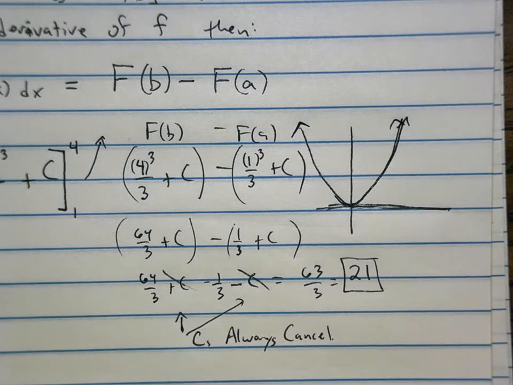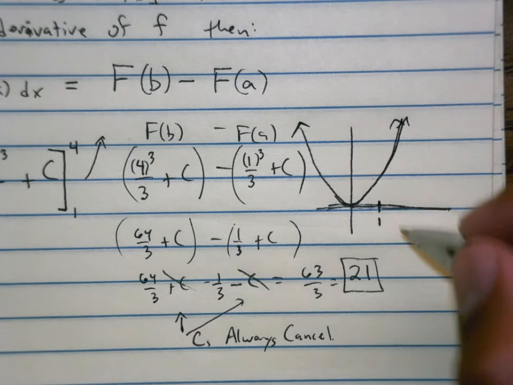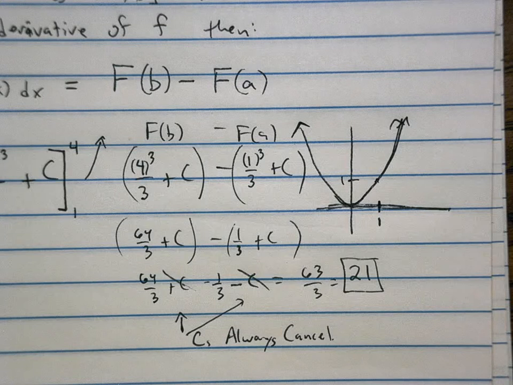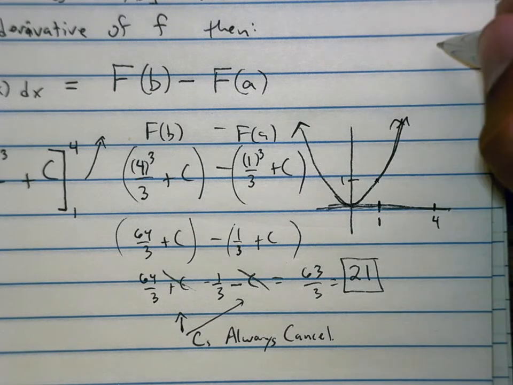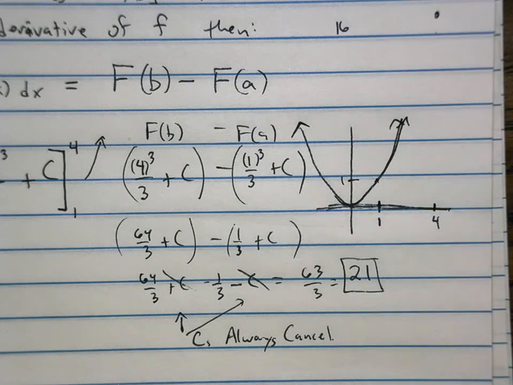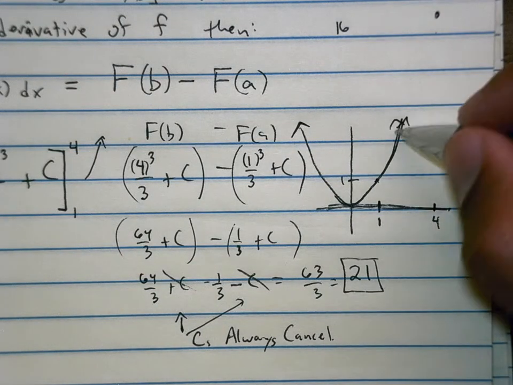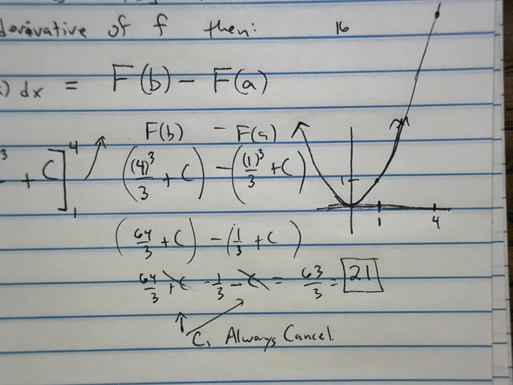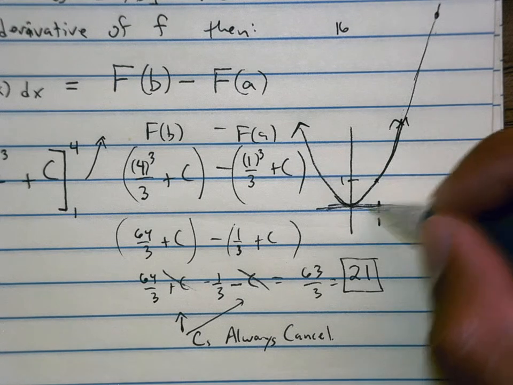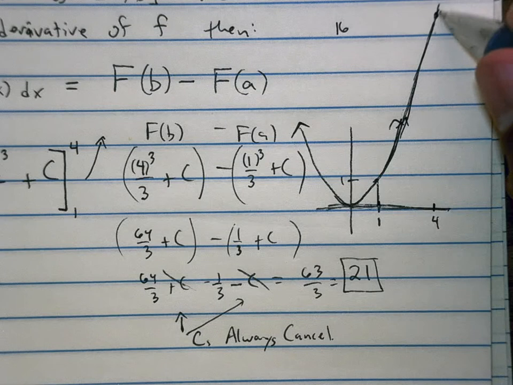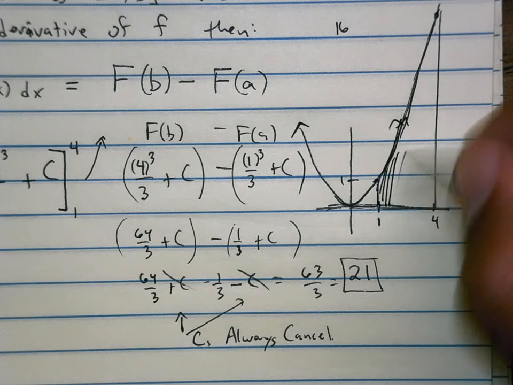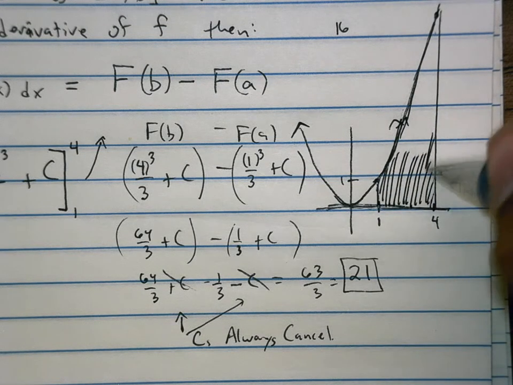If I were to integrate it from 1 to 4, here's 1. When I plug in the number 1, I'm at 1. When I'm at the number 4, what number am I at? Okay, so I'll put 16 way up there. So it hits 16. What we're really finding when we're integrating, between the function and the x-axis, is the area underneath the curve.